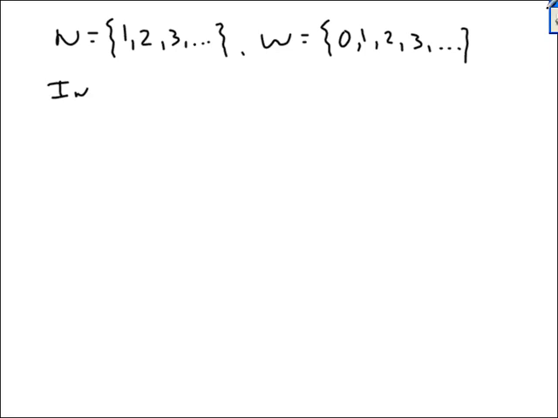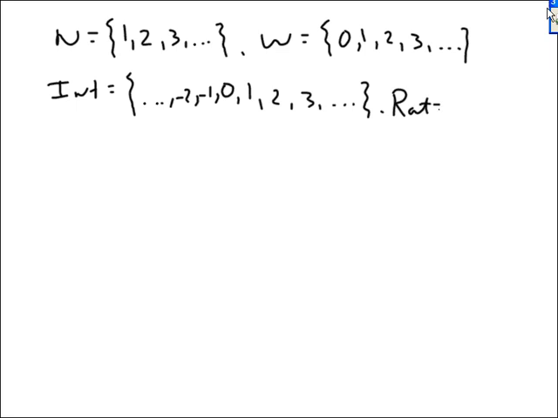And the integers have 0 and -1 and -2 forever, as well as 1, 2, 3 forever on the other side. And the rational numbers can be written as A over B, where A and B are integers and B is not 0. So now some true or false questions.